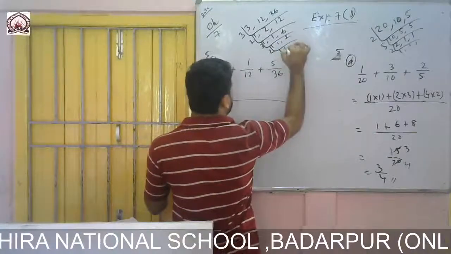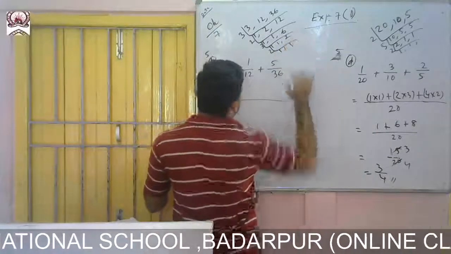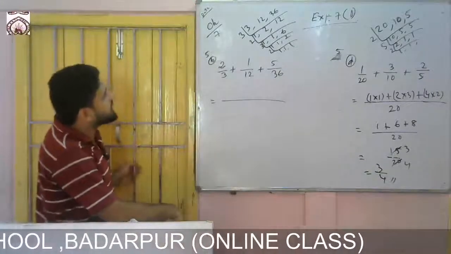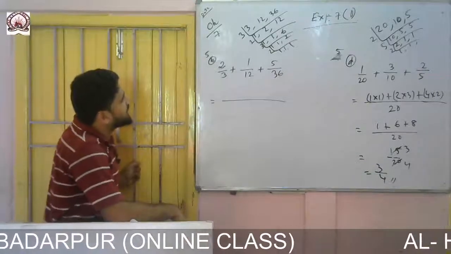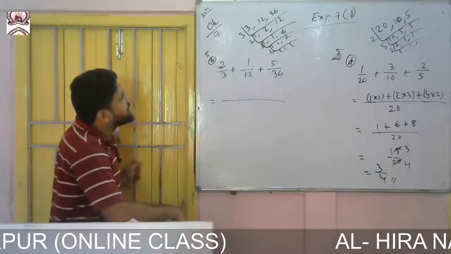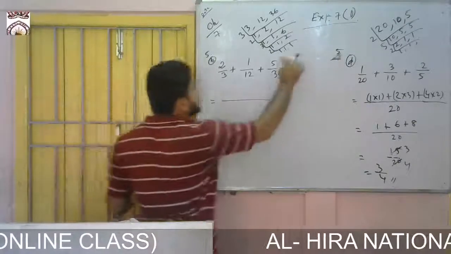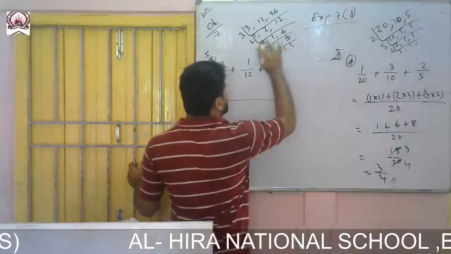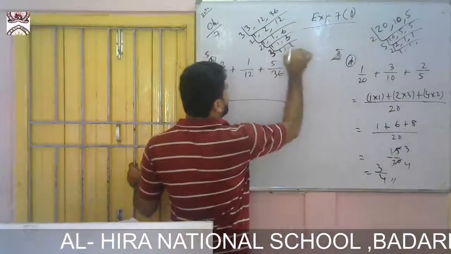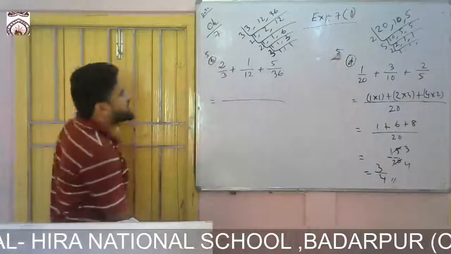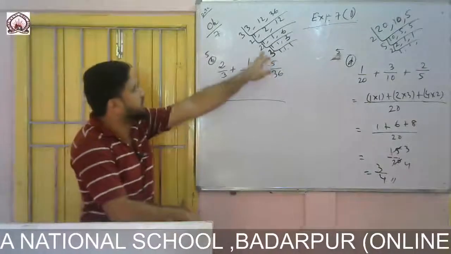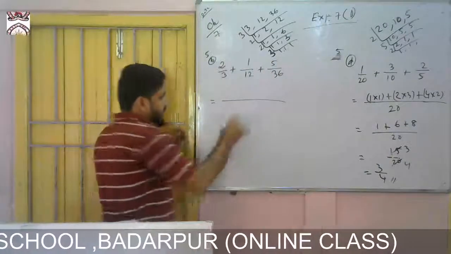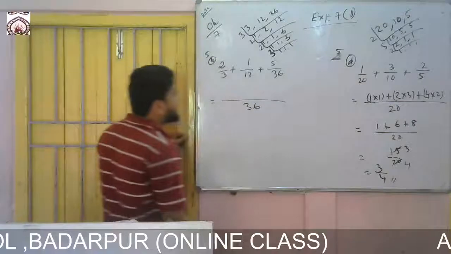With 2 again, 2 1 jar 2, 2 6 jar 12. Again with 3, 3 2 jar 6 and 3 2 jar 6, 6 6 jar 36. So 36 is the LCM.